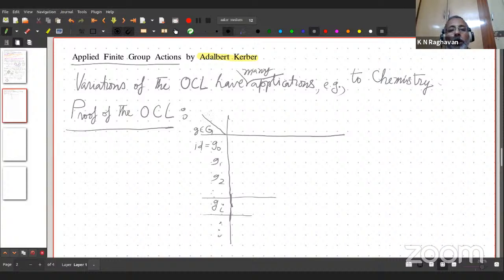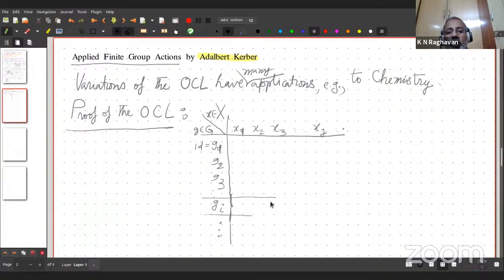The columns of the matrix are indexed by elements of X. Maybe it's better to call these g1, g2, g3. Doesn't matter, but let's not start counting with 0. Let's start with 1 as is the usual case, and so on, right? Let's say x_j is the general element.